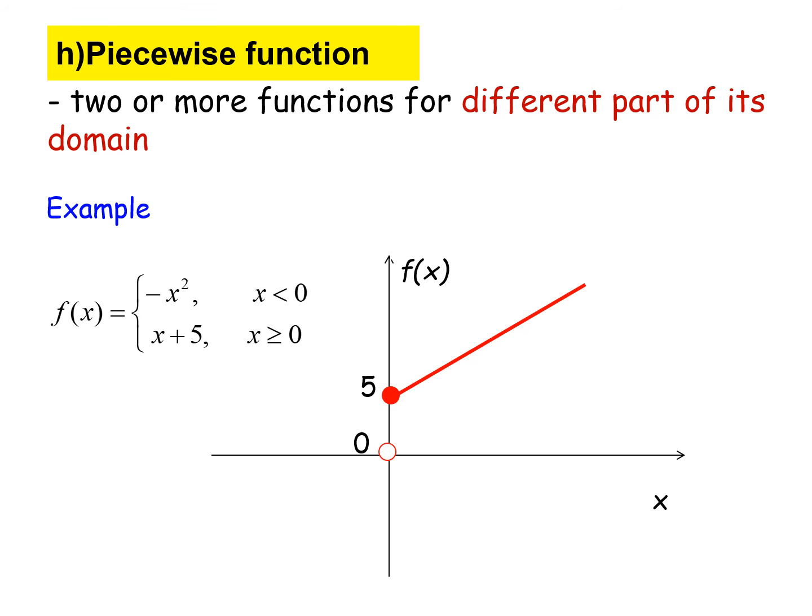And then for −x², the domain is x less than 0. So we draw an open circle for 0. And then the graph of −x² will look like this. So this is called a piecewise function.